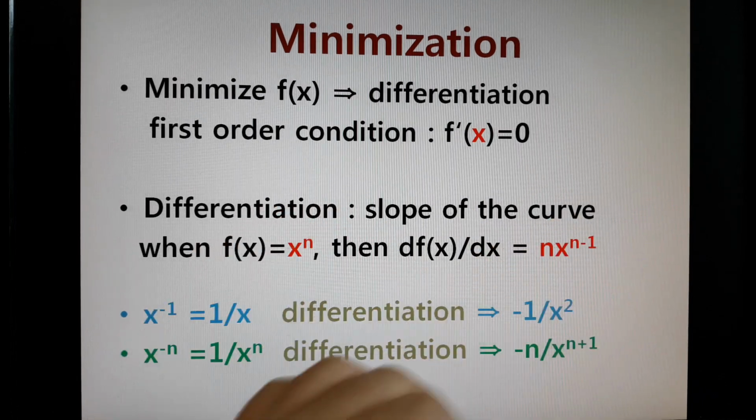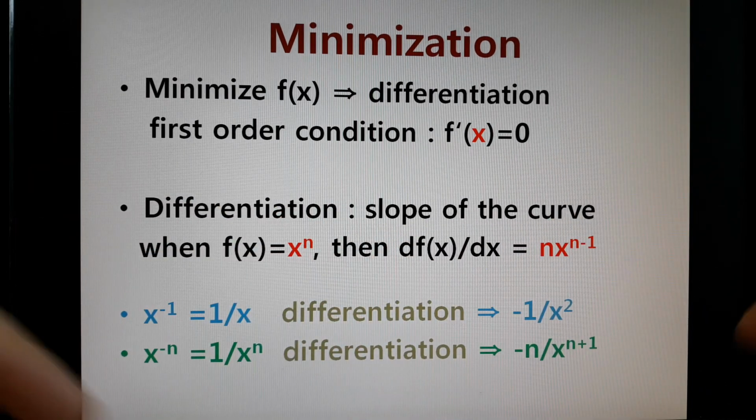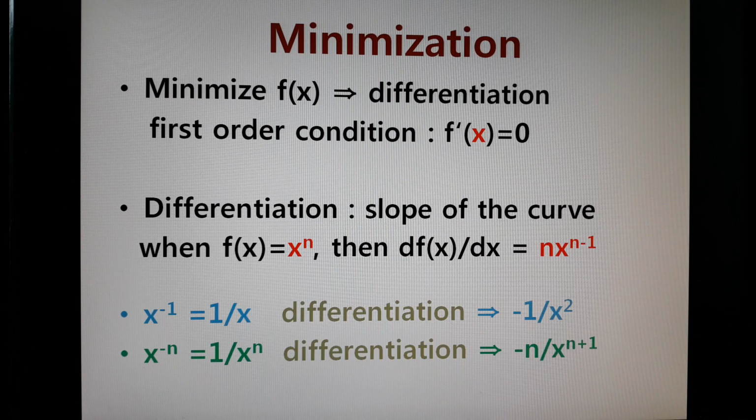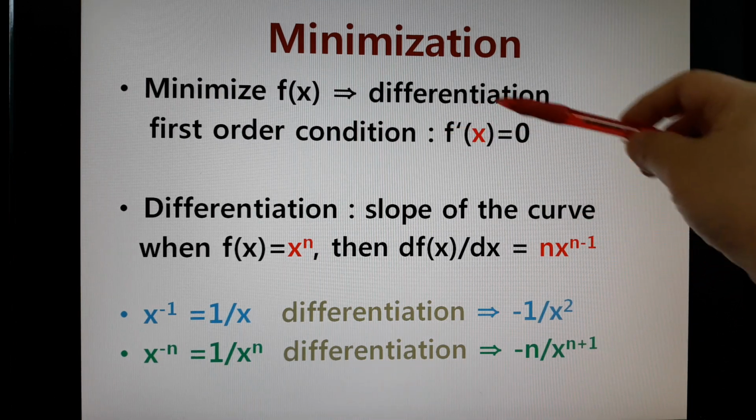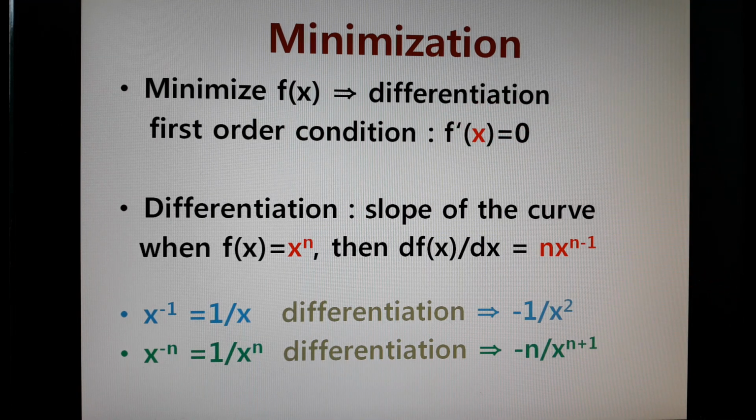If it's a minimum, at the bottom, the slope is also 0. So by finding the point X where the differentiation value is 0, we can find the minimizing point. It was very simple, but I thought that many of you already knew why we differentiate and set it to 0 in order to find the minimizing point.